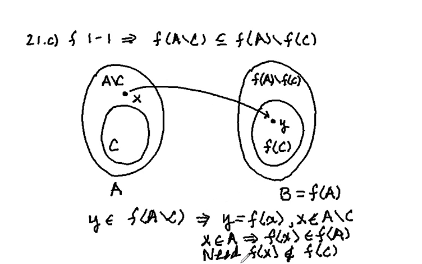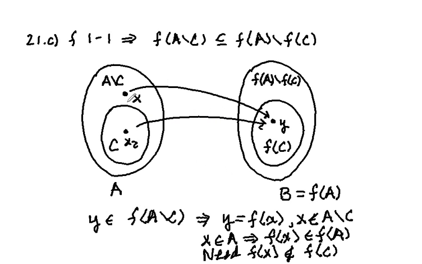So let's assume that f of x is also an element of f of C. So let's assume that y is down here in f of C like I've drawn it. Well, what does it mean to be in f of C? It means that there's something in C that gets sent to that value. So there's some value here, let's call it x2, and that gets sent to y.